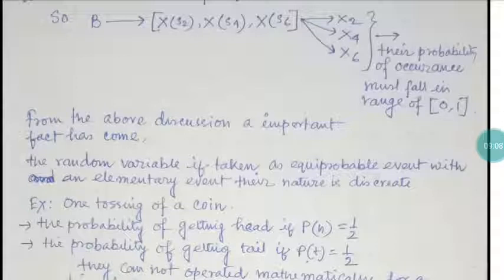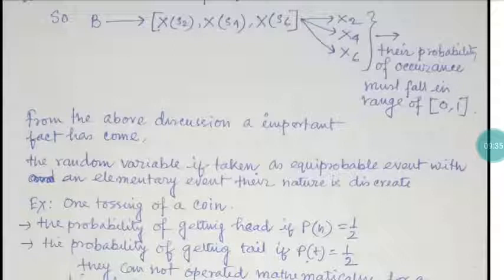Now from the above discussion, it is a very important fact that has come, that the random variables, if taken as equiprobable events with an elementary event, their nature is discrete. What is the meaning? That if random variables are taken as equiprobable events with an elementary event, their nature is discrete.